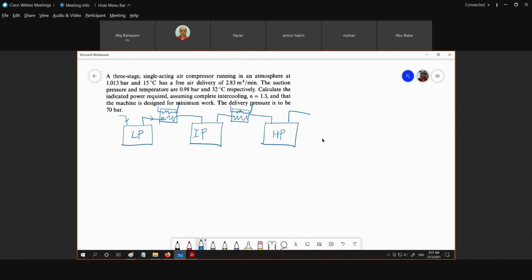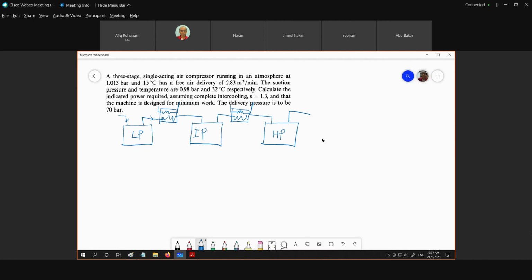Okay. So sekarang ni same pressure ratio. Kita ada 3 stages. Jadi kalau kita lihat pada kita punya PV diagram ni, kita ada pertama, kedua, ketiga, keempat. So katakan sini first one, sini second one, sini third one.